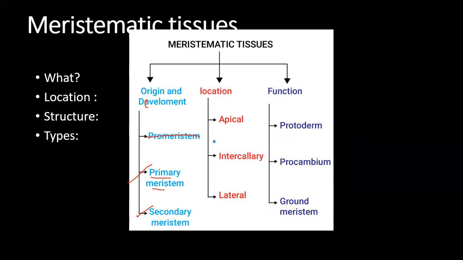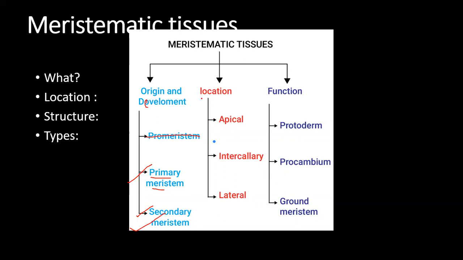This is responsible for the primary growth of the plant, that is formation of shoot, root, leaf, etc. The secondary meristem is the later formed one. The permanent tissue again gets meristematic capacity. This type of meristem is called secondary meristem. They are responsible for the secondary growth of the plant body.